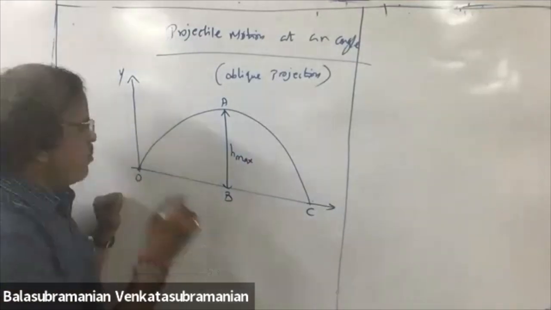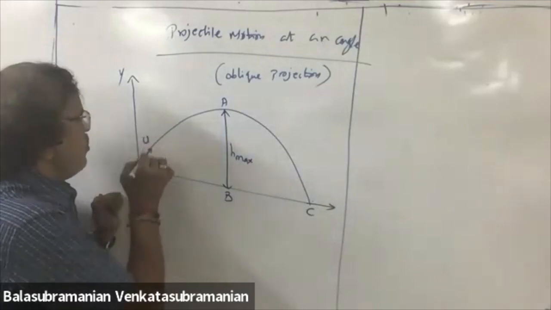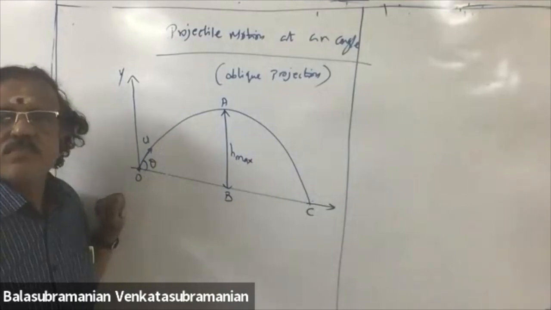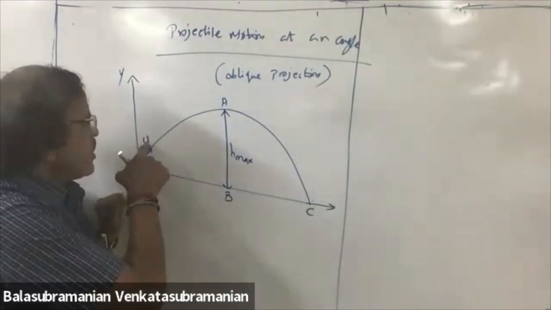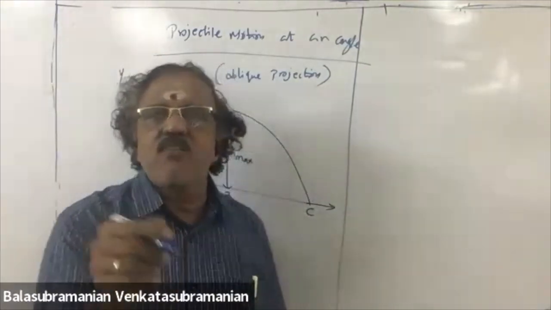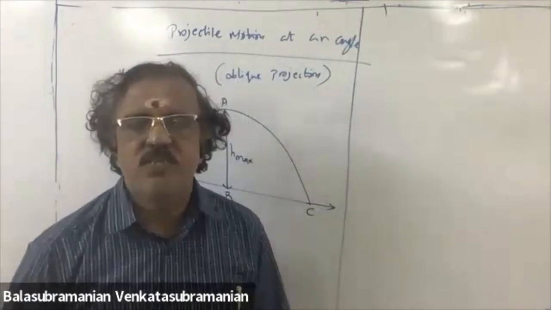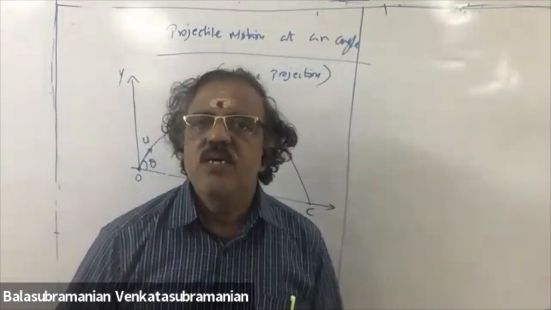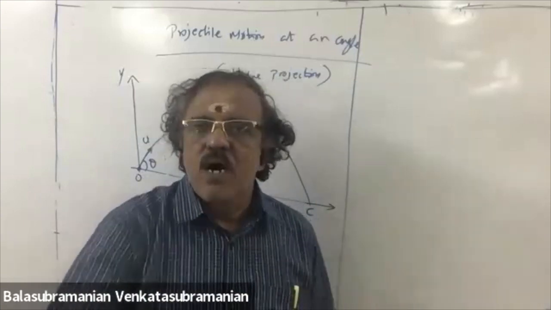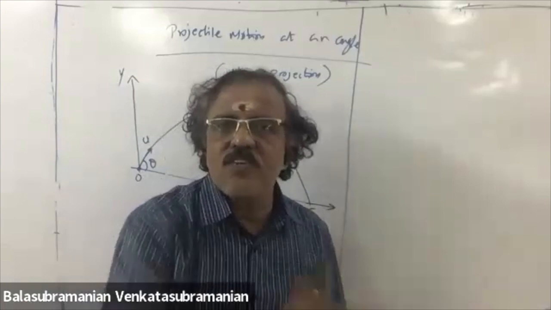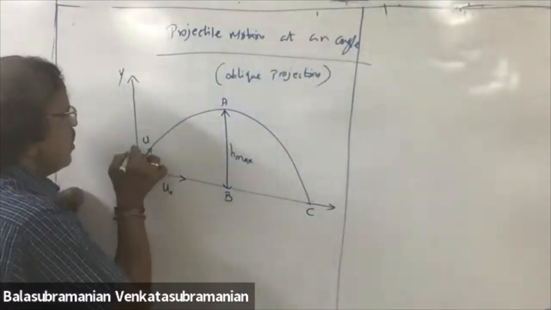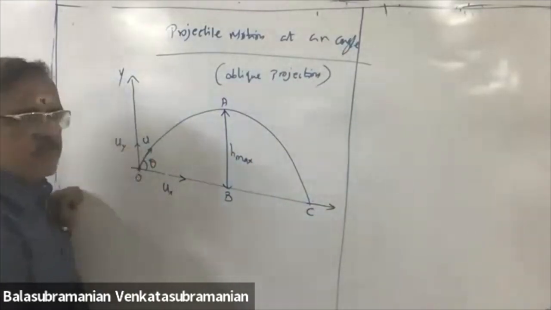You are projecting the body with a velocity u, making an angle theta. When you project the body at an angle theta, the resolution of a vector, which we have seen in the first part of kinematics, applies. What is the meaning? u can be resolved into two components, along the horizontal ux and along the vertical uy.